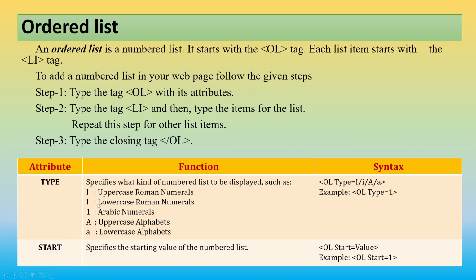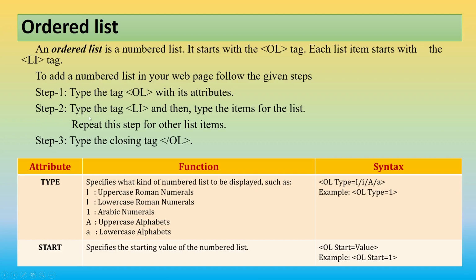Type is the type of list you want, whether 1, 2, 3, A, B, C, D, or Roman letters. Whenever we want to specify any type, we type it along with the open tag. This is the open tag OL, without the slash mark, and we always specify our attributes along with this.